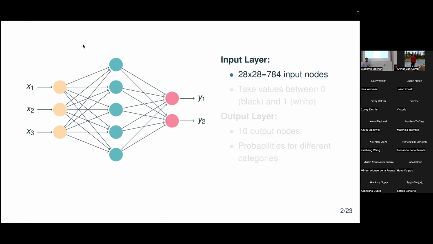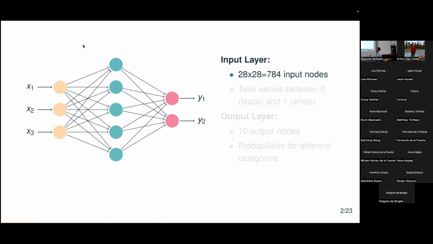We're going to build a quite simple neural net, a 3-layer neural net. It will have 28 by 28, so 784 input nodes. These are 28 by 28 grayscale images.